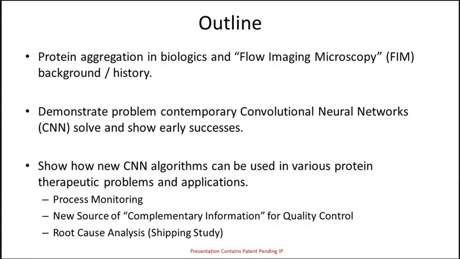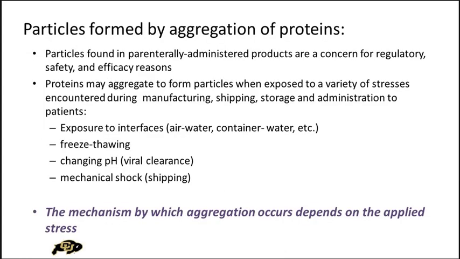After that, I will demonstrate how variants of these algorithms can be used in helping characterize protein aggregation measurements in some real-world applications. Throughout, I'm going to demonstrate at a high level how machine learning algorithms like CNNs can be used in various pharmaceutical applications. For those interested in more of the technical details, feel free to email us, but there will also be references provided throughout the talk.